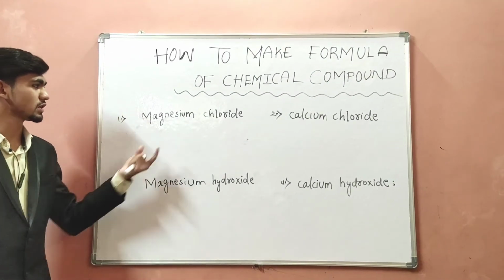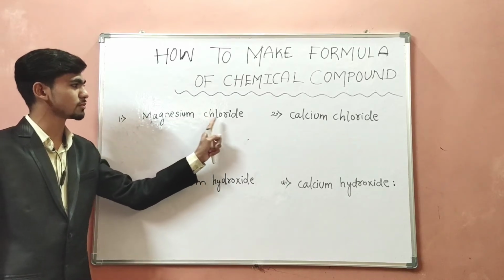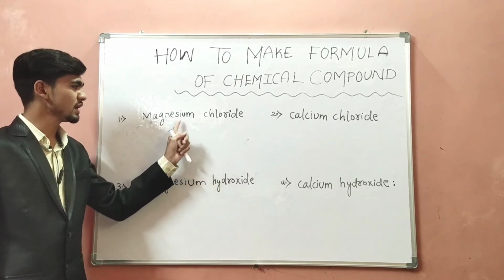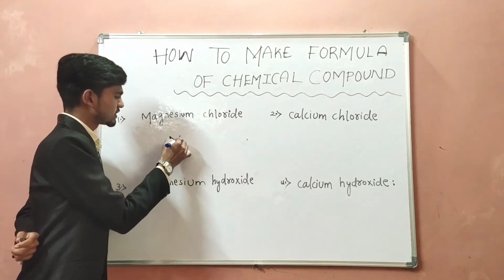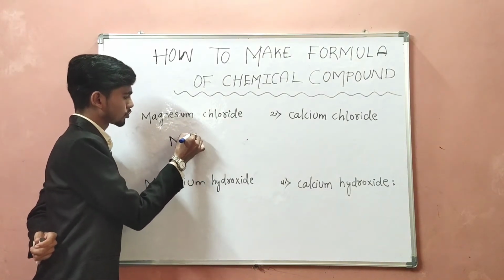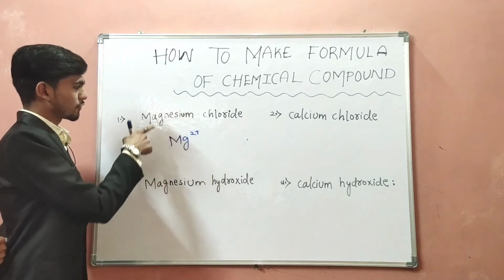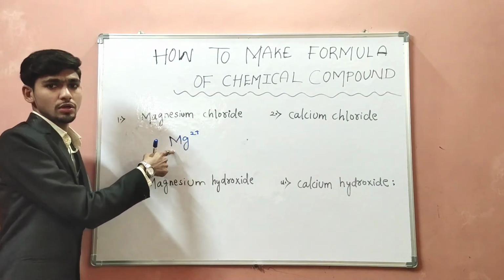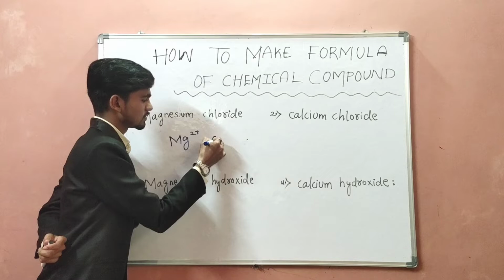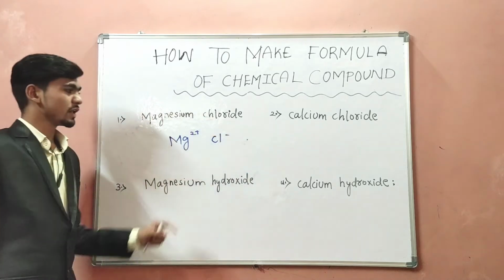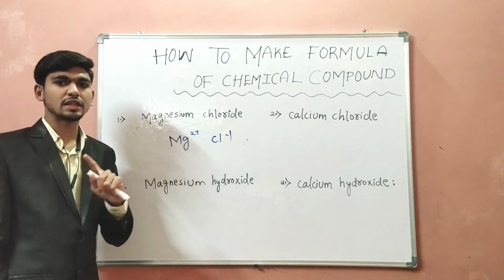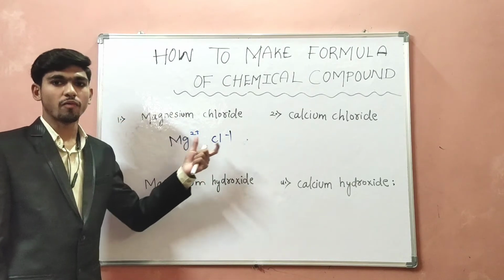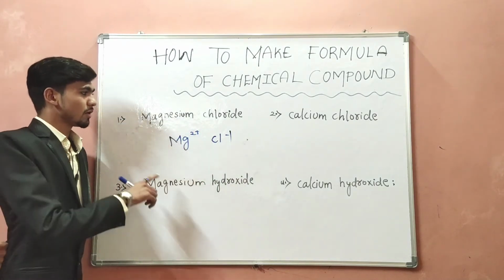As we go ahead, our first compound is magnesium chloride. As we know, the ionic formula of magnesium is Mg2+ and chloride is Cl-. If nothing is in the power, it means 1 is always present.